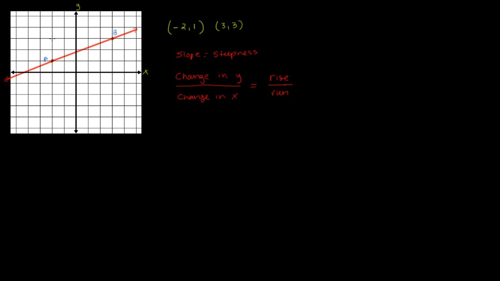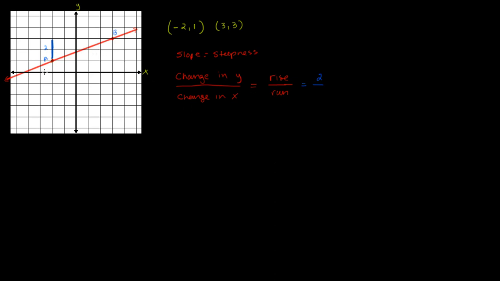So if we want to get from here to here, we have to move a distance of 2. And we had to move a positive distance because we didn't go down, we went up. So our rise is actually going to be a +2.